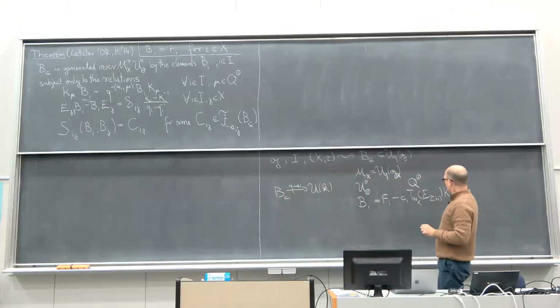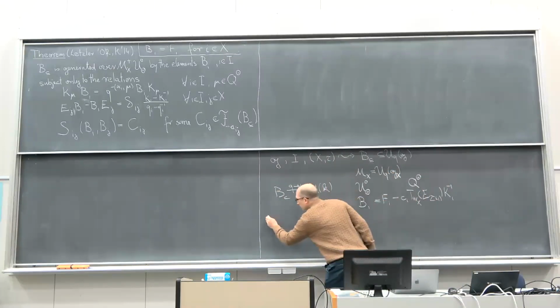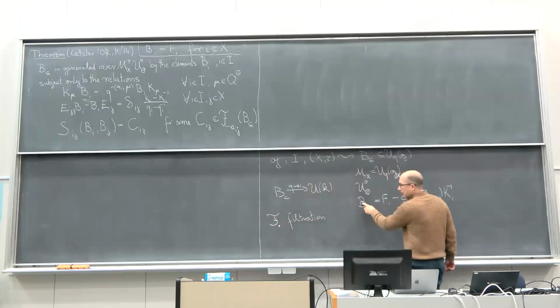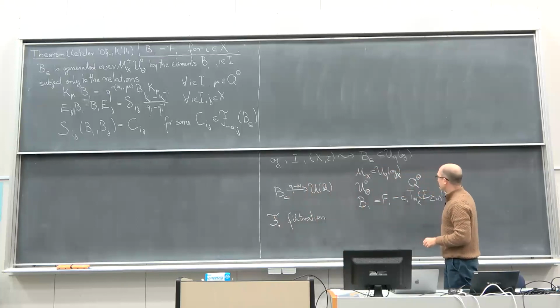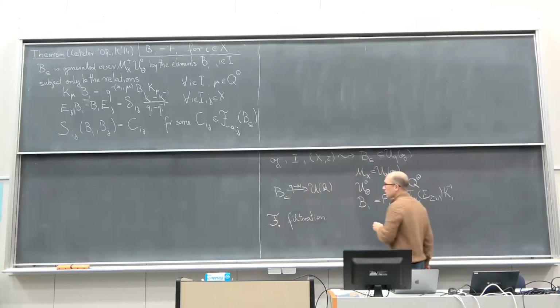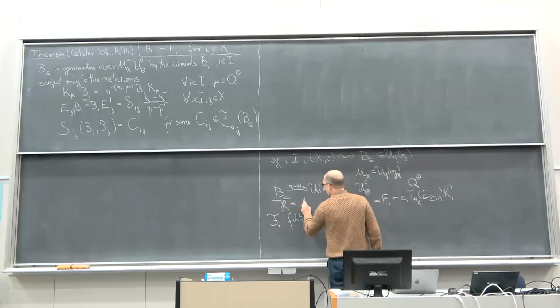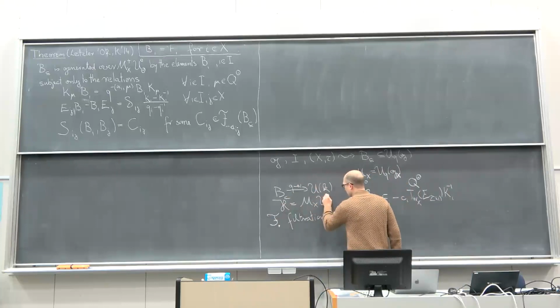And then we put a filtration on our algebra, a filtration defined by a degree function, which set the B_i equal to 1, and everything in this subalgebra, which we defined to be H, which is M_X U^0_theta, we put in degree 0.